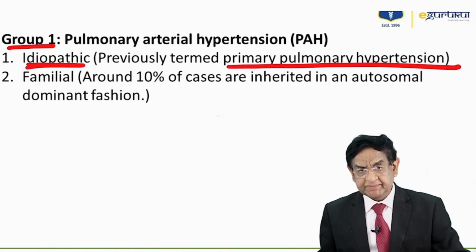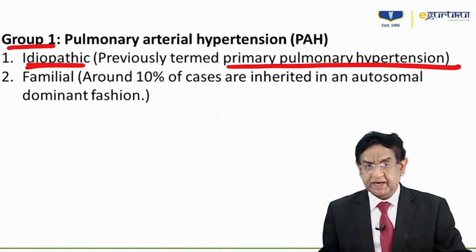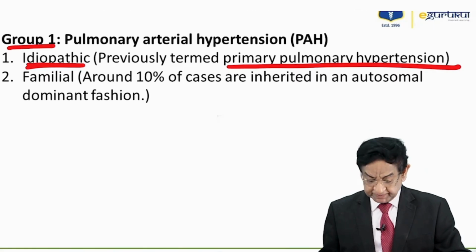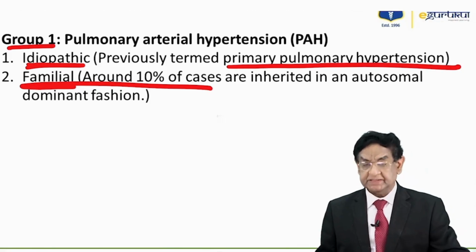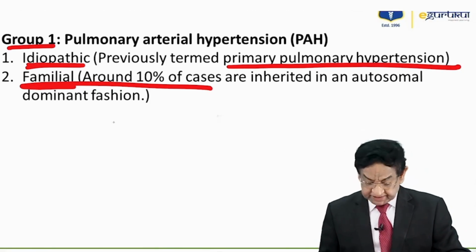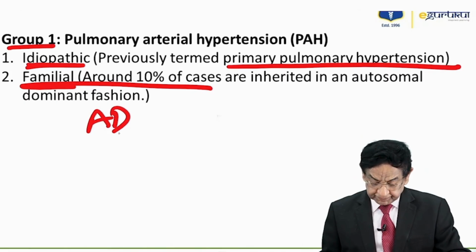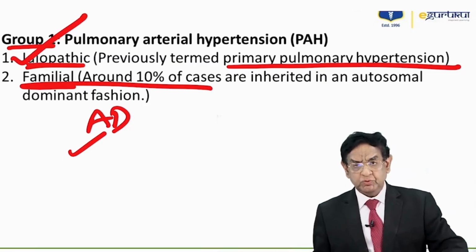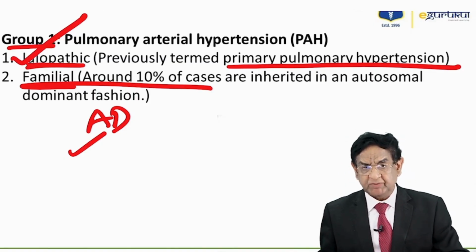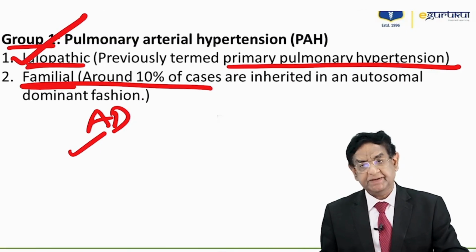But now the name is idiopathic. We don't know the reason why, that's why we call it idiopathic. It may be familial also. In around 10% of cases, it is inherited as autosomal dominant. So idiopathic and AD, there are only two keywords to be noted in this particular slide.